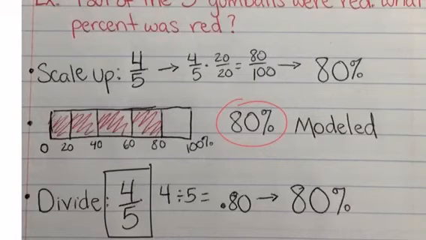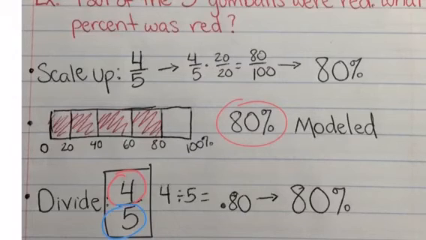So if we divide the numerator by the denominator, 4 divided by 5 is 0.8. You can add a 0. And we know that 0.80 is 80 hundredths. And if it is in hundredths terms, it's just going to be 80%.